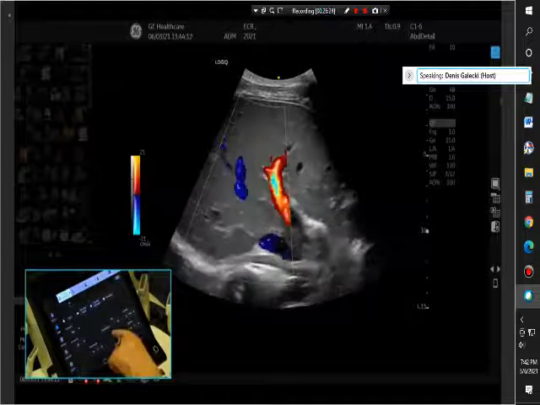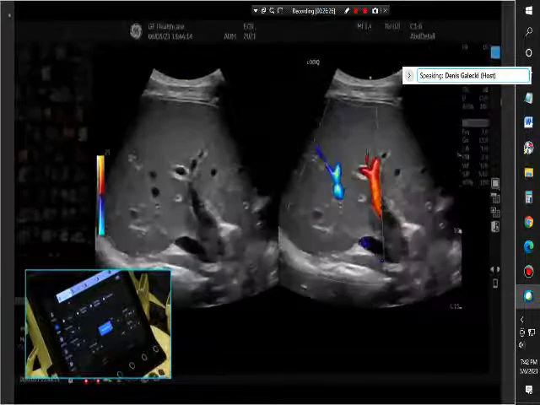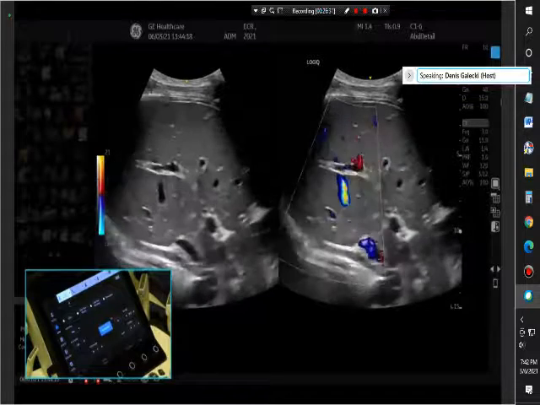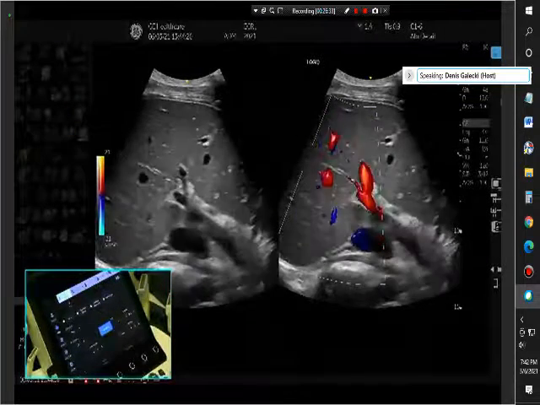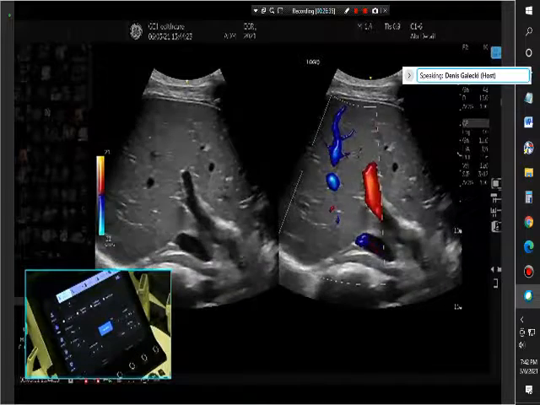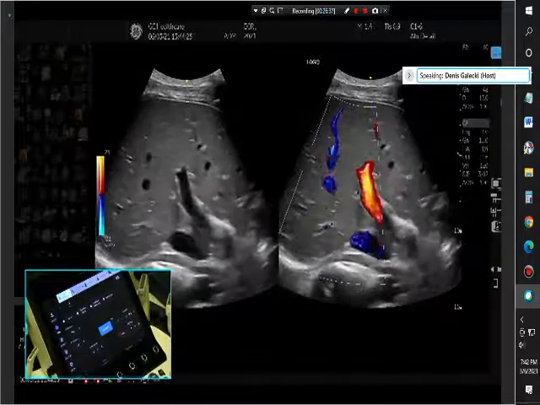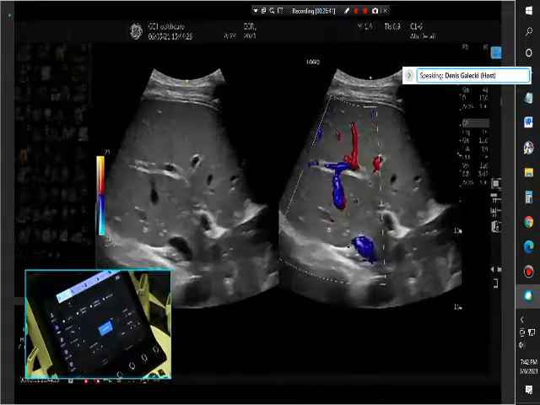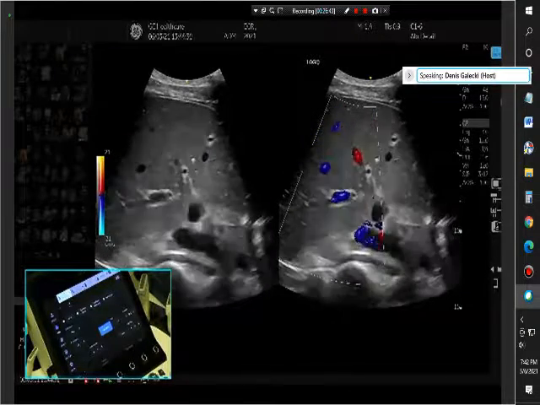If you want, you can easily activate live simultaneous dual view, which means you see on the left-hand side liver texture, as well as on the right-hand side vascularity information, for example, for stenosis diagnosis.